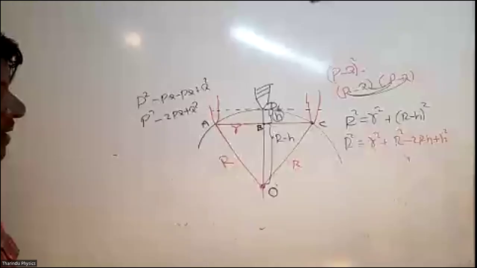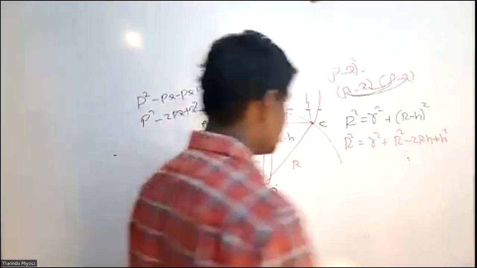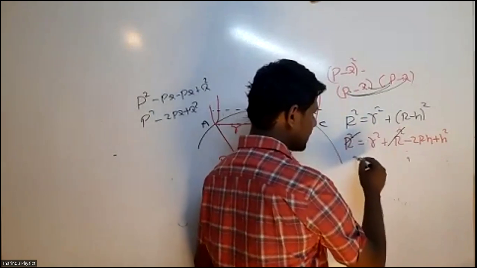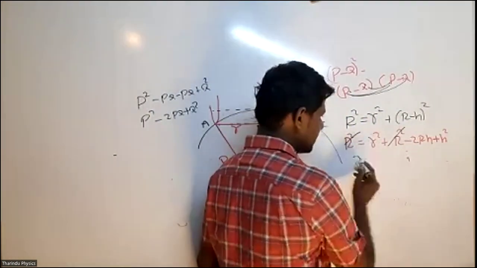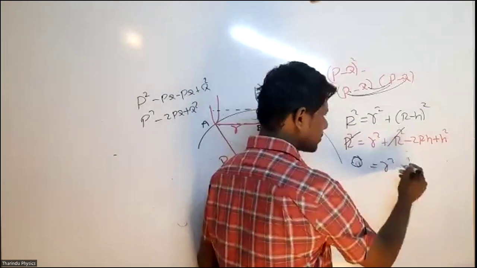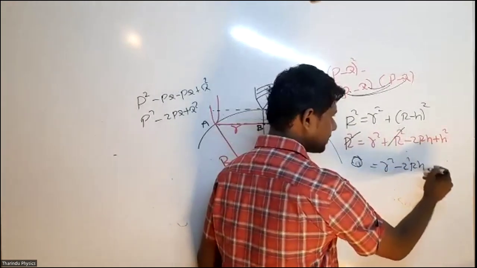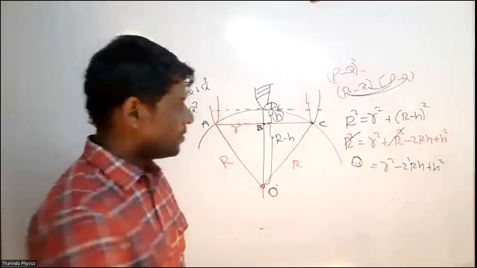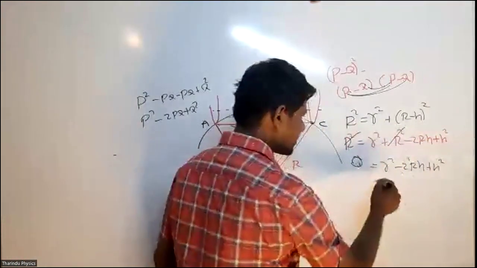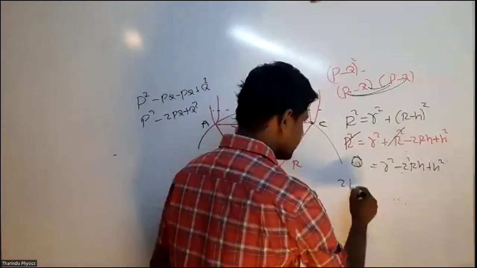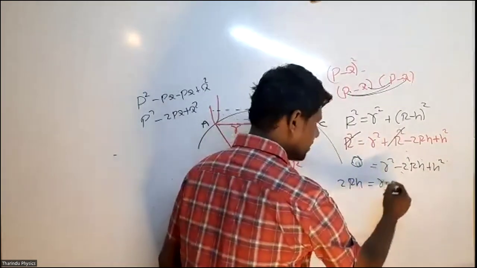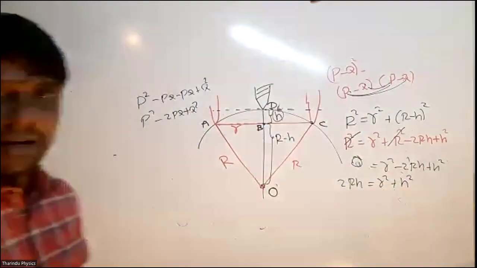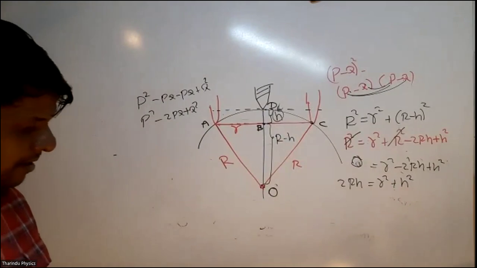Okay, right. Now you can cancel these two off. So 0 equals R square minus 2Rh plus h to the power 2. Now you can bring this back to here: 2Rh equals R square plus h square.